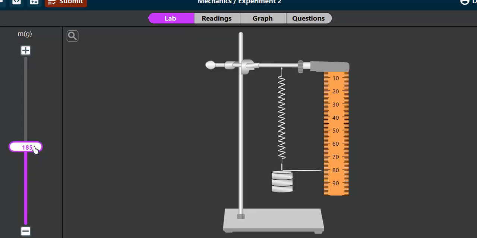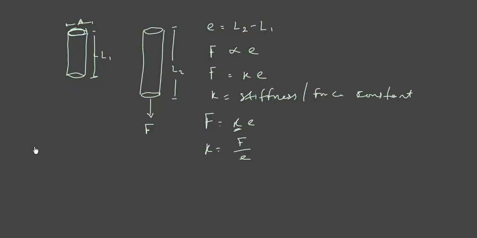So let's go back to our discussion on Hooke's law. Now that we know that the relationship between the force and the extension is given as follows, the question now is what really is the stiffness of a material?